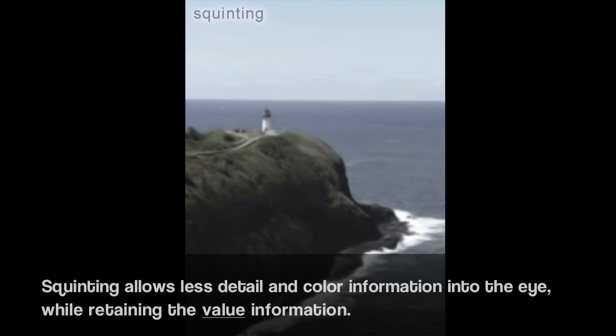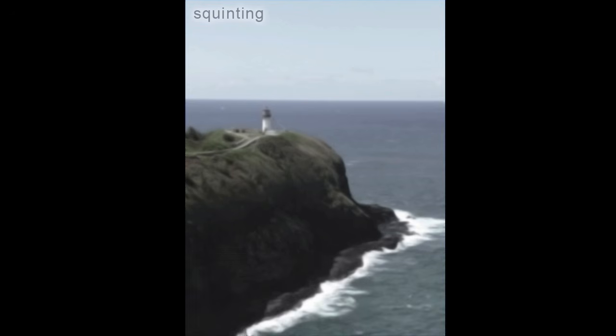What this does is it allows less of the detail and color information while still allowing the value information into your eyes. So basically, when you squint at a scene, you'll be looking at the inherent grayscale value of the colors that you see. So squinting becomes a great technique that we can use to make value observations.